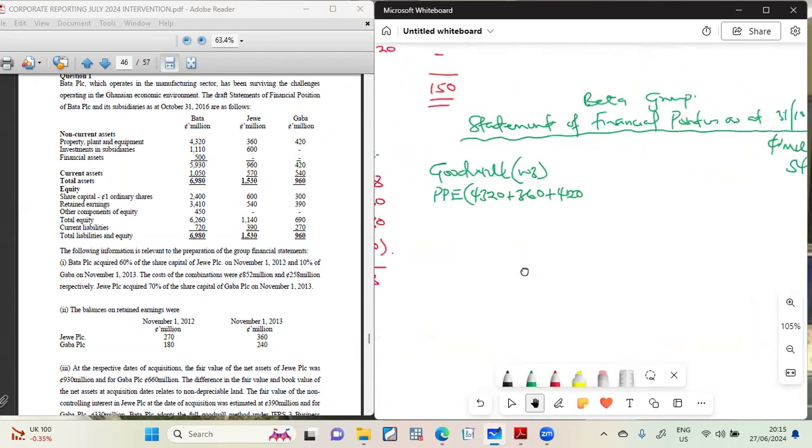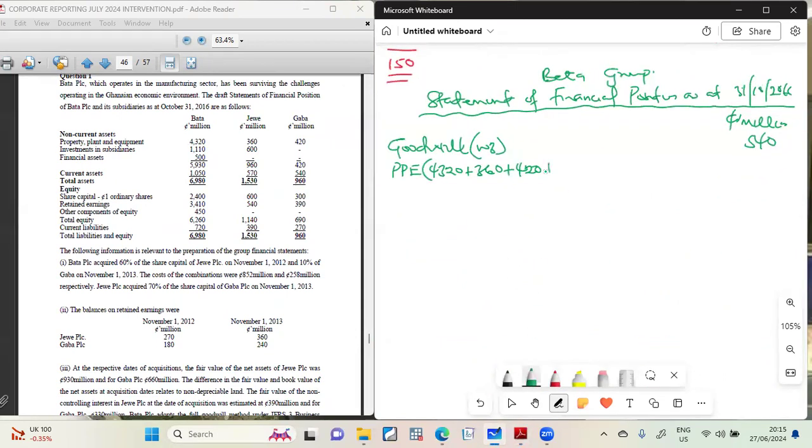So you add them. Plus 60 from workings 2 plus 120 also from workings 2. All right, so you can total that. The next one we have is investment in subsidiary. If it was investment only, you would have written it and deducted, but this one is investment in subsidiary, so you can ignore it.